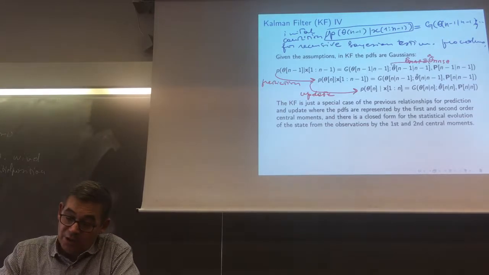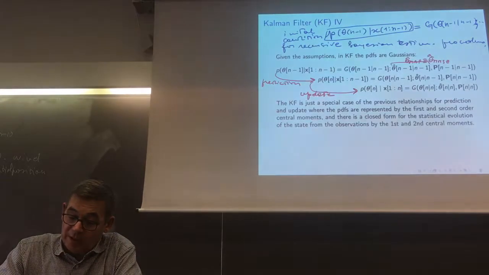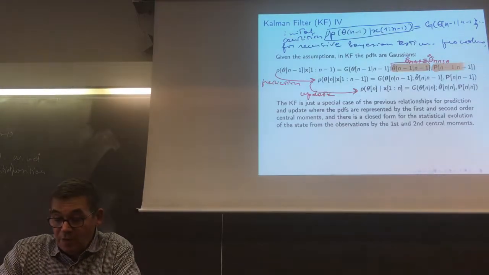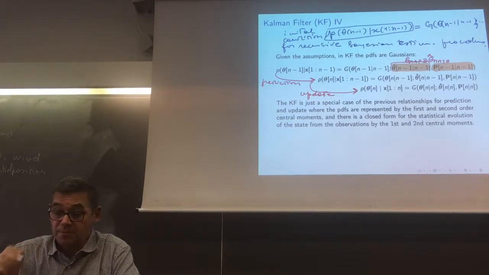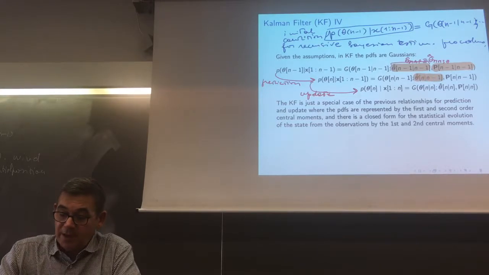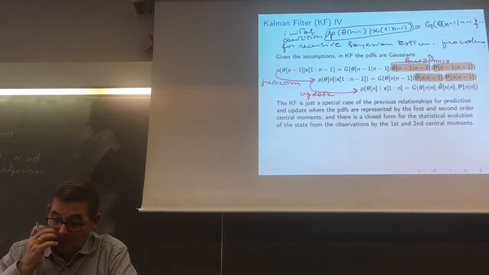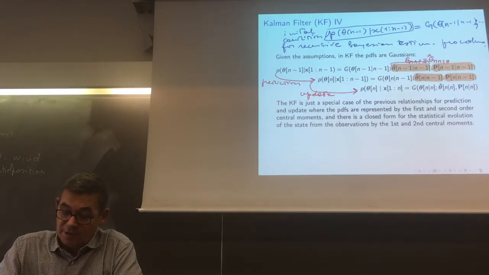But look here: if we are dealing with Gaussians, then my set of parameters to play with is the mean or the estimate, the a posteriori covariance at iteration n minus 1, the predicted value, and the a priori covariance at step n, which is obtained by the prediction.